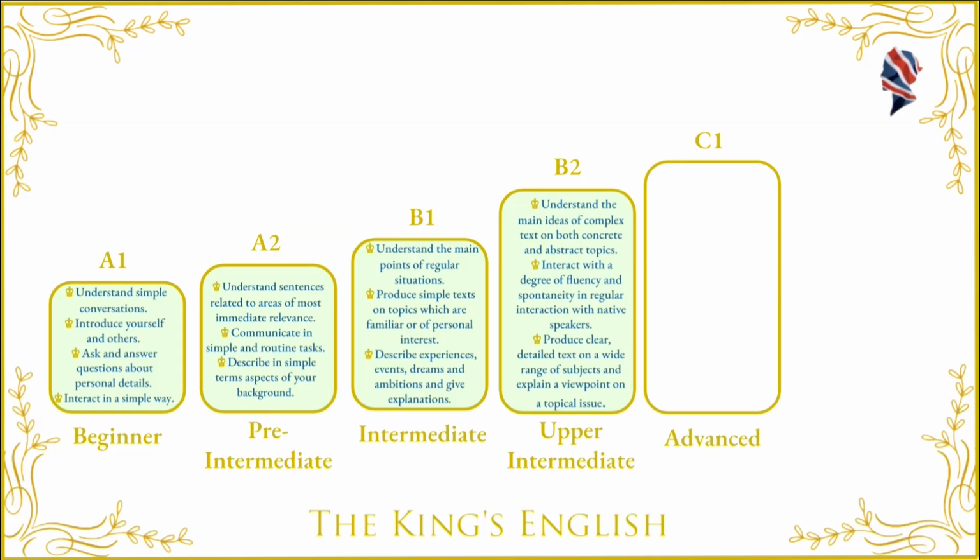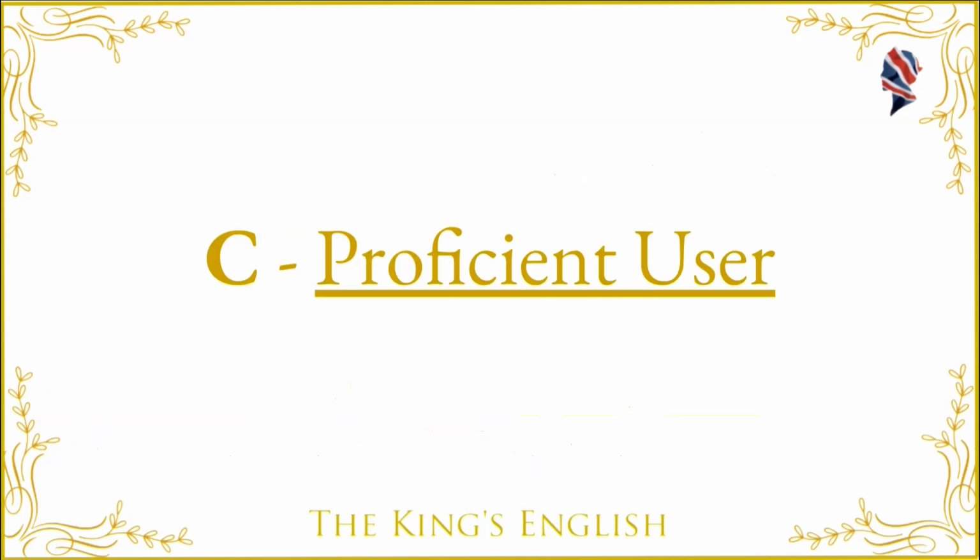C1 Advanced. C. Proficient User. By C1 level, probably you have some English-speaking friends. You can understand almost all of what they tell you. You can have very detailed conversations and a deeper connection with English speakers by this point.